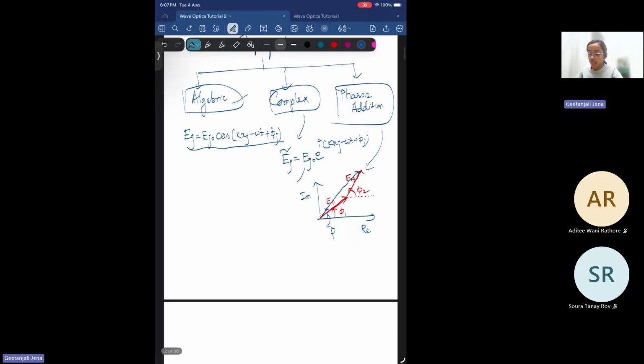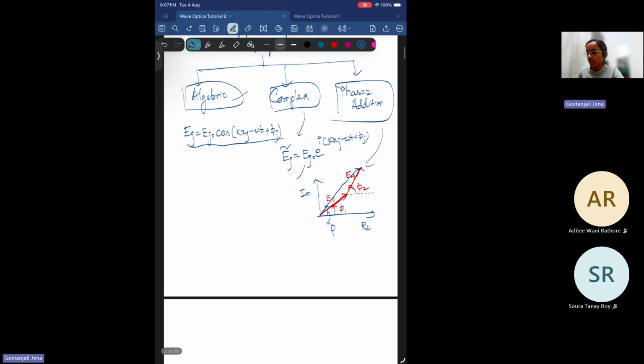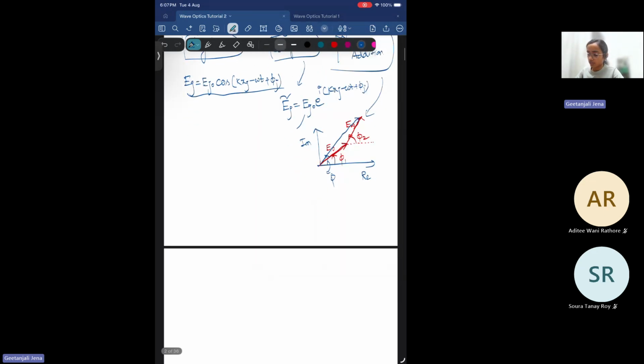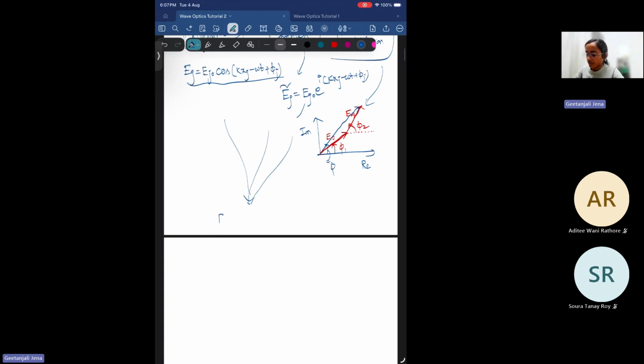If you look at the result of all three superposition methods, they show the same result. Say you want to express the electric field after superposing all the waves, where we have one resultant wave E_R, which we express as E0 cos(omega t plus alpha).